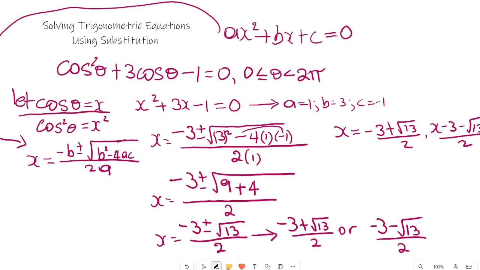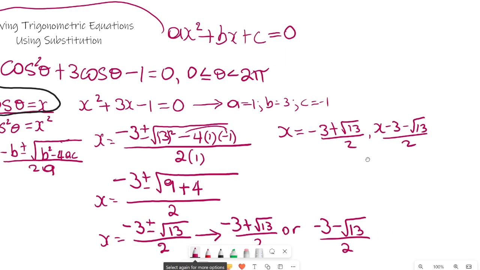Remember, we let, let's change the color just to bring this to your remembrance here. This is what I'm talking about. We let x be equal to cosine theta. So that's what I'm going to be pulling back here. Since x is cosine theta, that means I'm plugging back in.